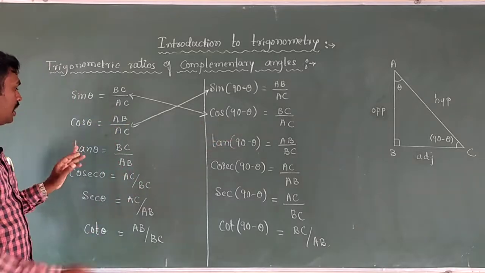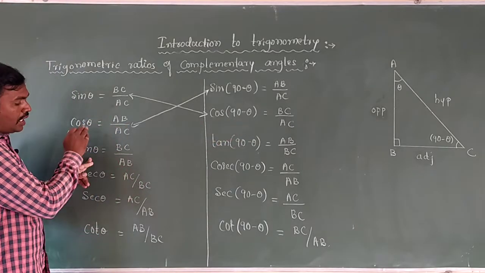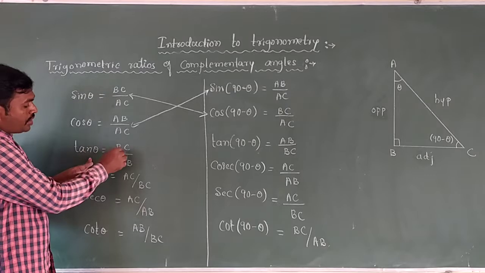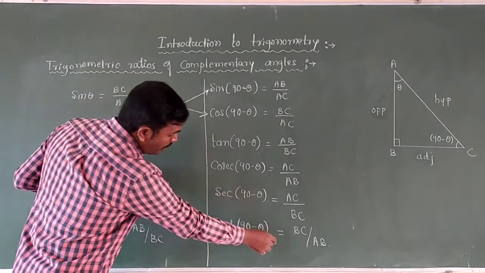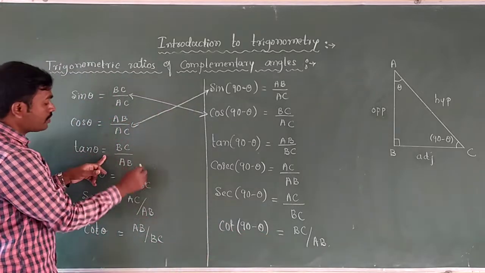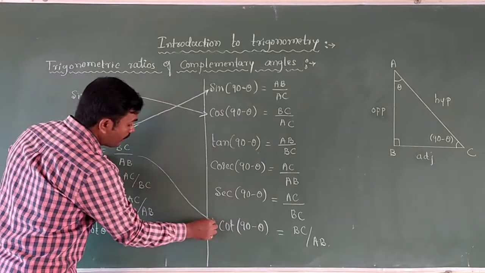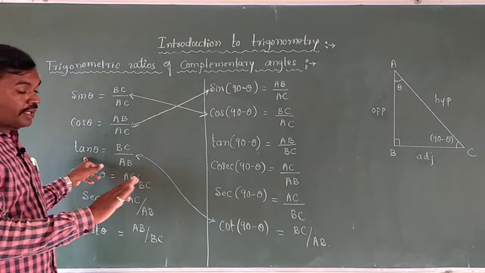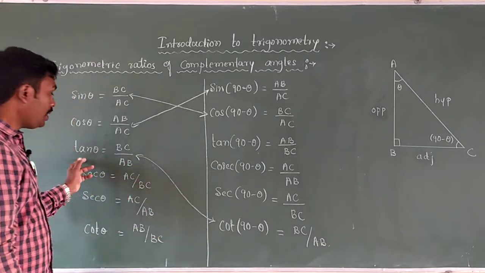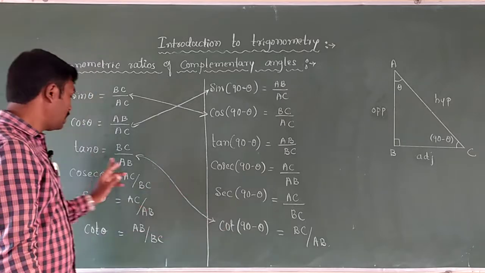Is that clear, children? Okay, let us observe the complementary of tan, which gives BC by AB here. Cot theta gives us BC by AB. So complementary of tan is cot.